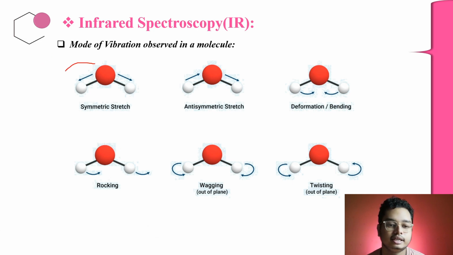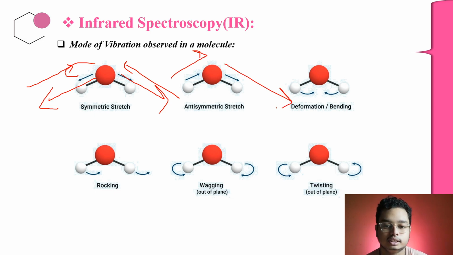This is the symmetric stretch, where both bonds are simultaneously elongated and squeezed. Asymmetric stretching is where one is elongated and one is squeezed, and vice versa. In bending, the two parts come together and go back.